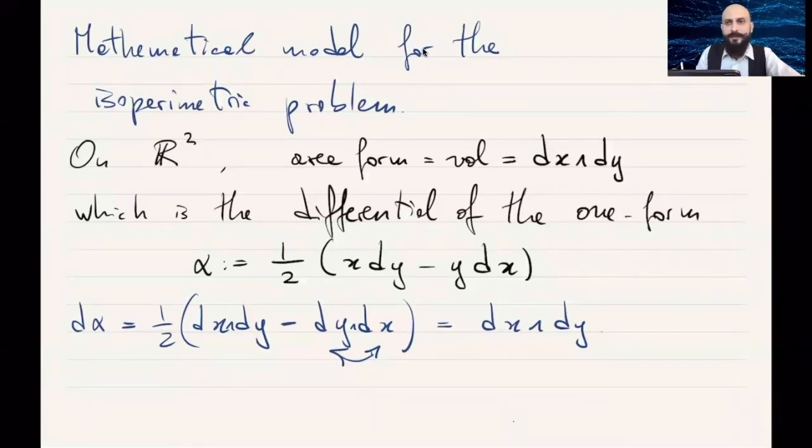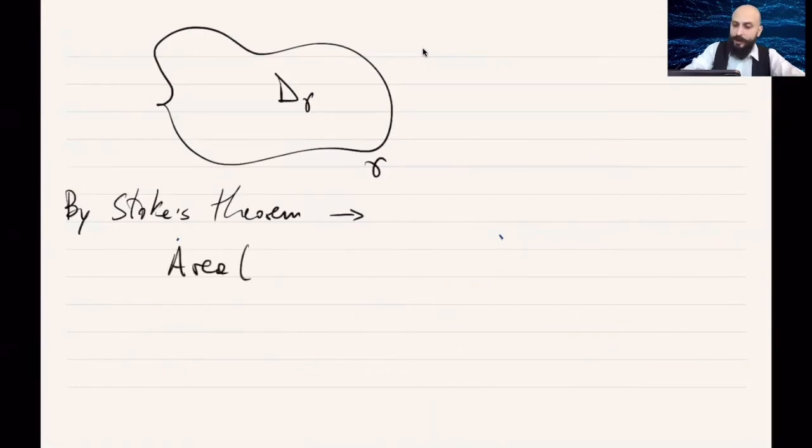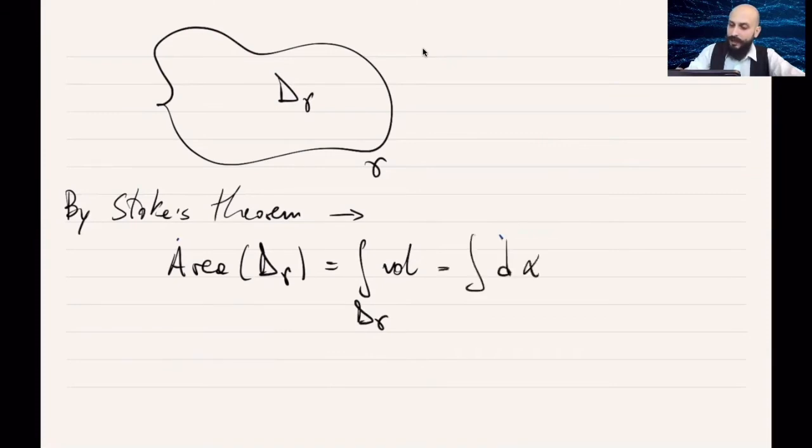Now let's see what happens if we apply Stokes' theorem. If we have a curve, let's call it gamma, that encloses some region called D gamma, then by Stokes' theorem the area of this region, which is nothing else than the integral of the volume form vol over D gamma, can be computed by seeing vol as the differential of alpha.